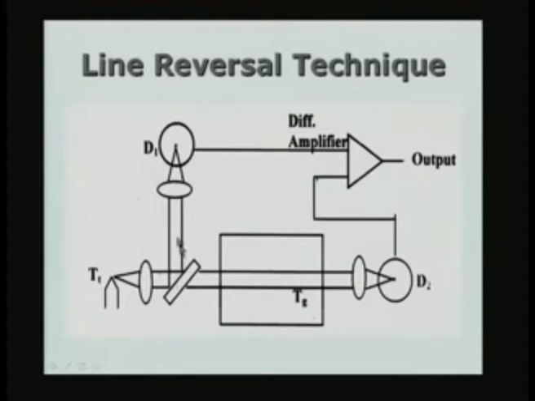One beam is going to be reflected off in this direction, the other beam is going to pass through directly straight. One beam is made to pass through the gas contained in a vessel. Obviously, there must be windows which are transparent to radiation on this side and this side, and the reflected radiation is collected directly by the detector D1.